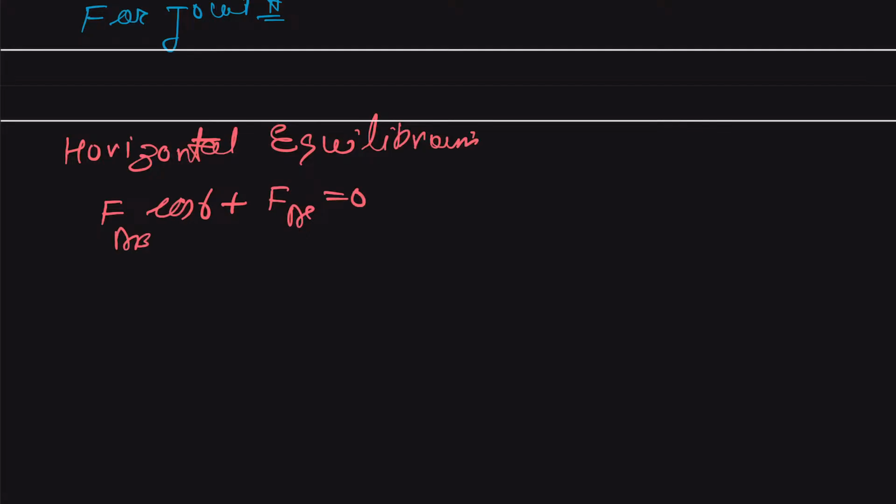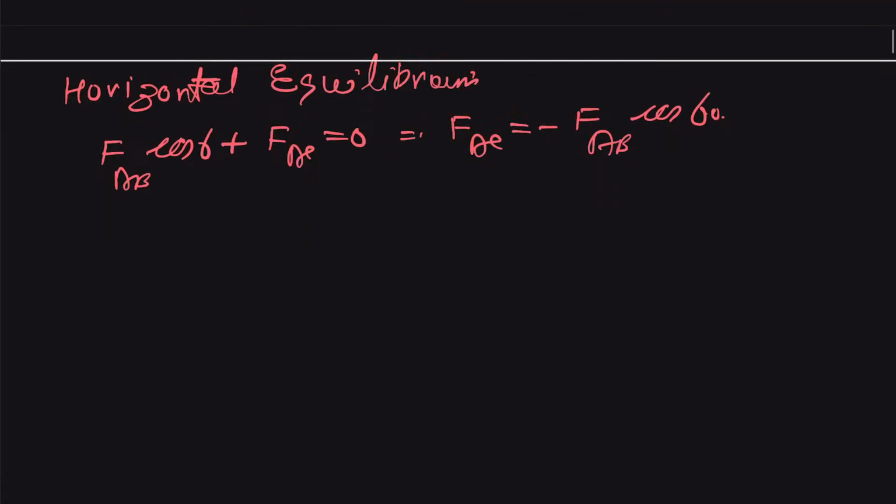So it means FAC is equal to minus of FAB cos of 60, and FAB we already know, so we can simply substitute it.